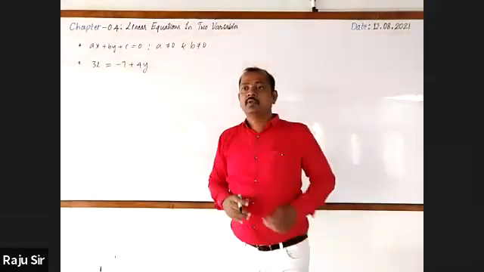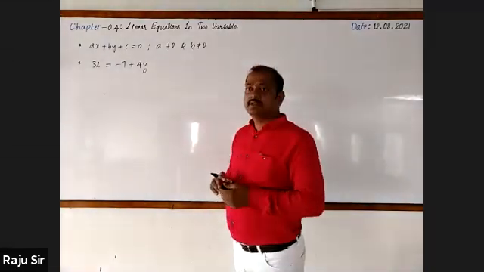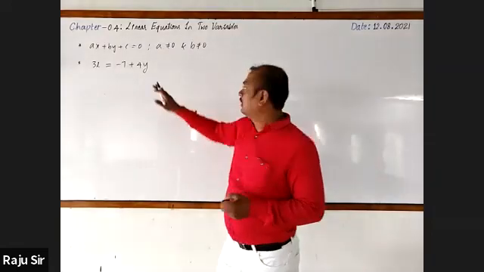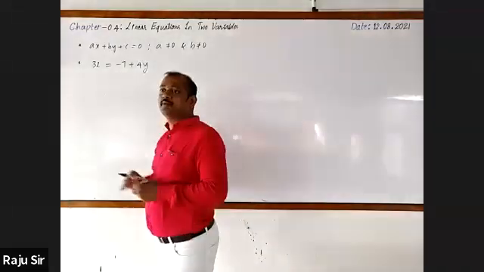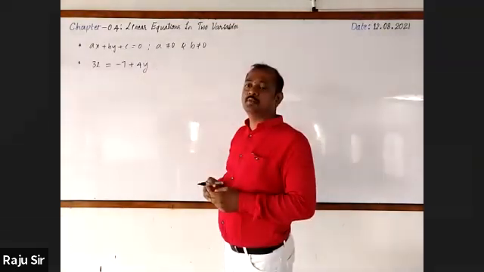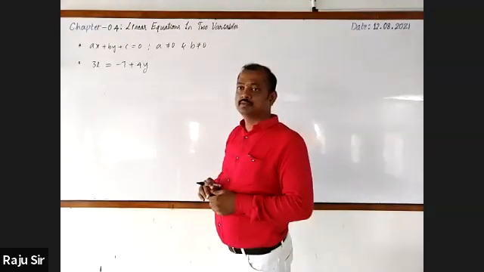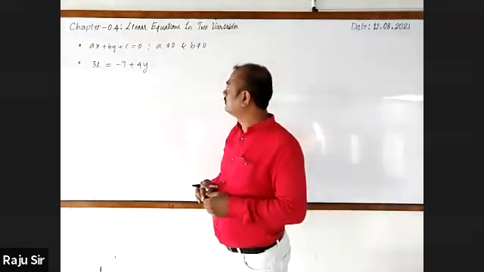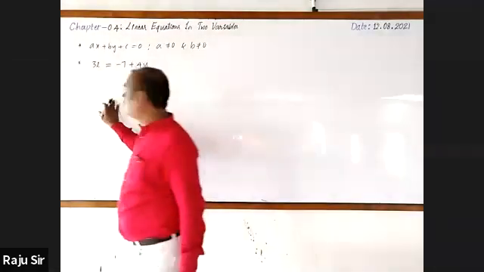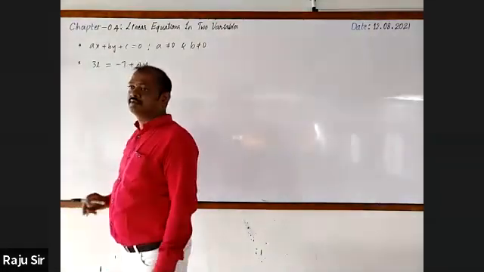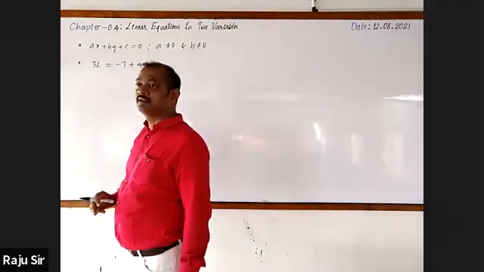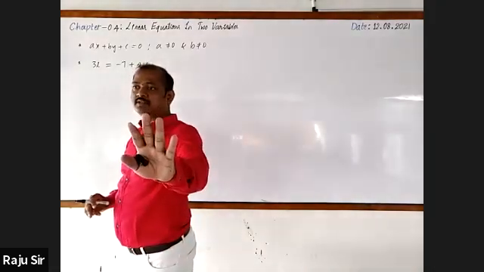Sai Gaurav, tell how to write this in standard form or general form of linear equations in two variables. 3x minus 4y plus 7.